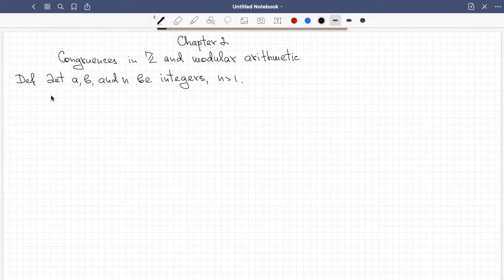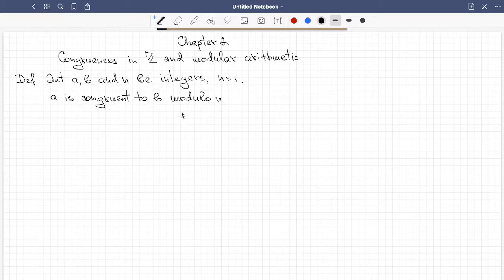We say that a is congruent to b modulo n.